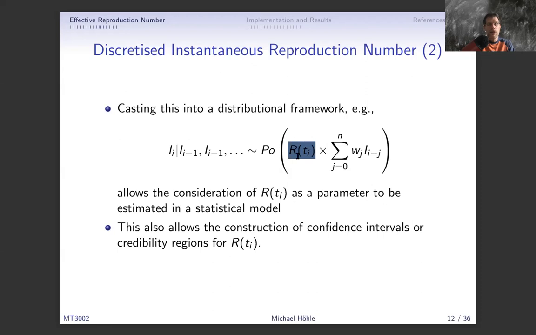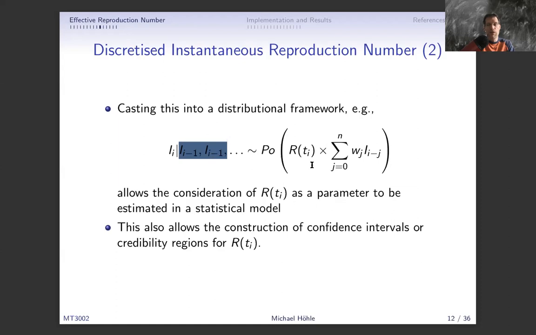We can simply make a distributional assumption and say, okay, let's say that the number of cases for time interval t_i, I_i, given the past, which we already know, so we can condition on that because that's something we have seen, will be a Poisson distributed random variable, with this structure here as before.